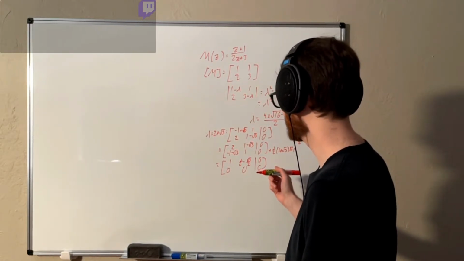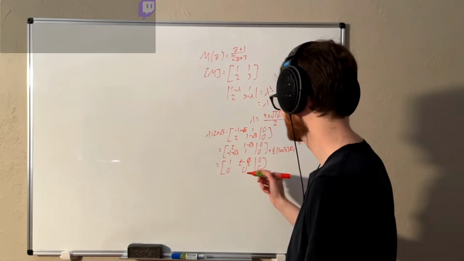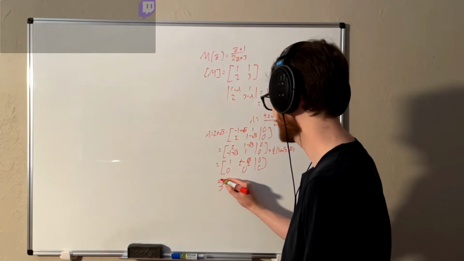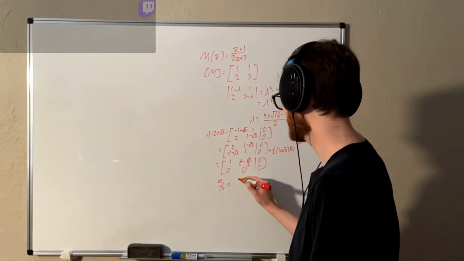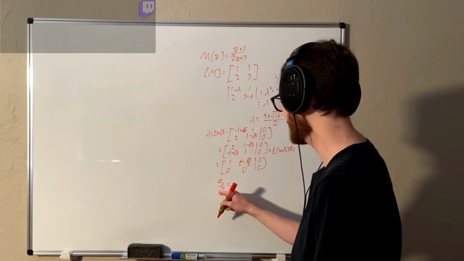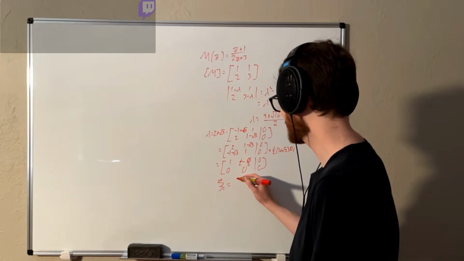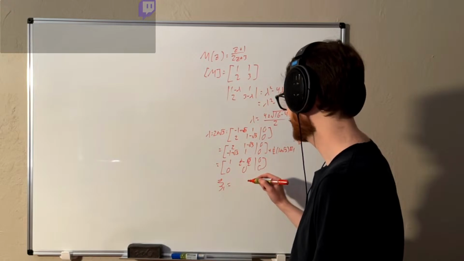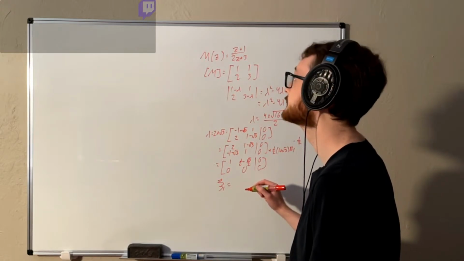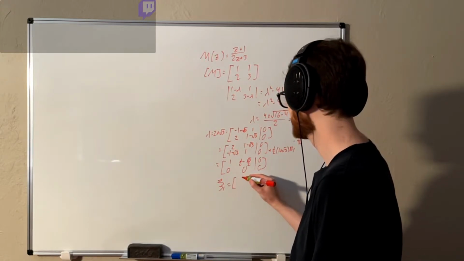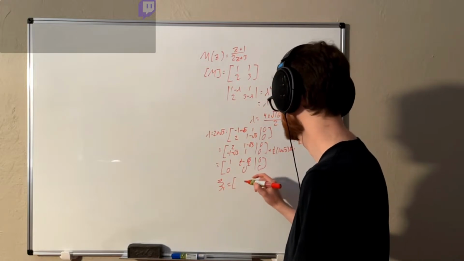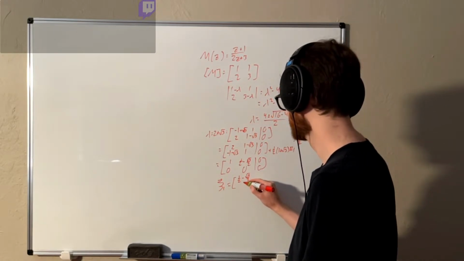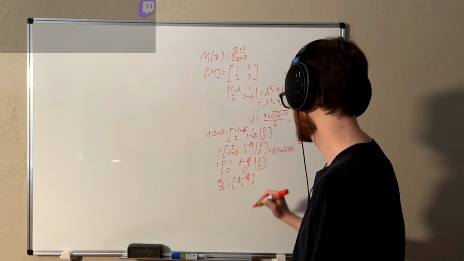Okay, so our first eigenvector. Did I make my psi right? I always flip it. I think that's the right orientation. Like that.